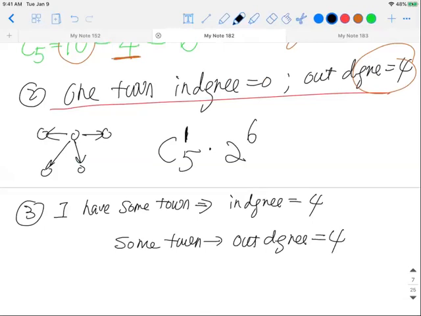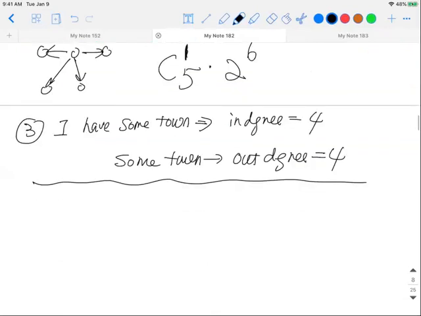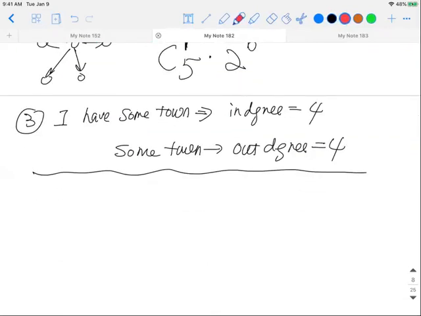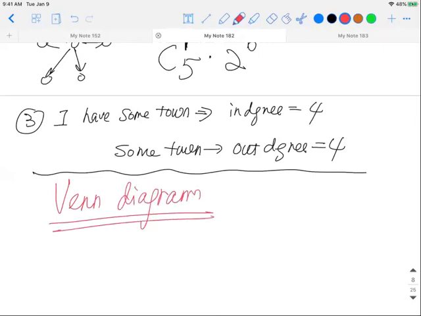We need to figure out what is the number for this scenario. This is, I think, the most challenging part in this problem, because this is a most difficult problem. You use different kinds of techniques together. We're gonna actually use the Venn diagram, in the set theory, the Venn diagram.